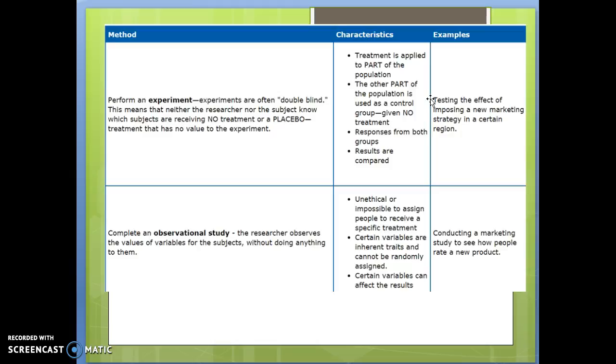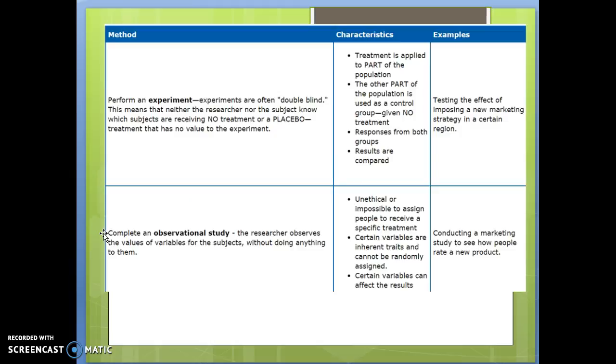One of the regions will receive no new marketing strategy. That will be the control group, and the other group will receive the new marketing strategy. Then you collect whatever data you want to collect, and then you compare the results.